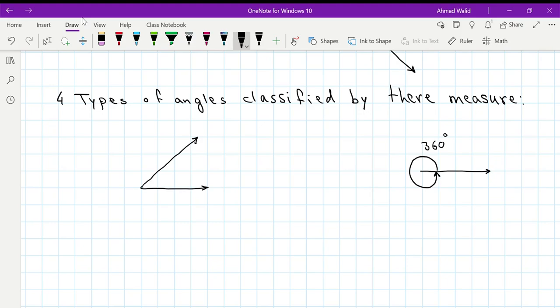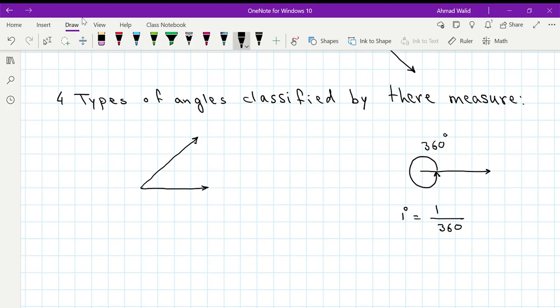Of course, counterclockwise because it's positive. If you divide a circle into 360 equal pieces and you pick only one piece, you call it 1 degree.